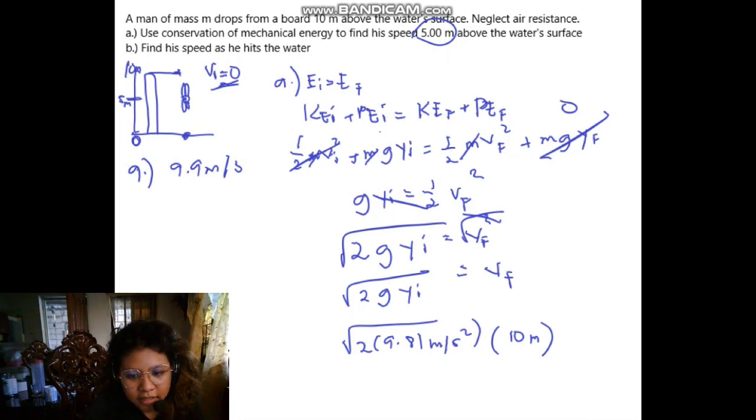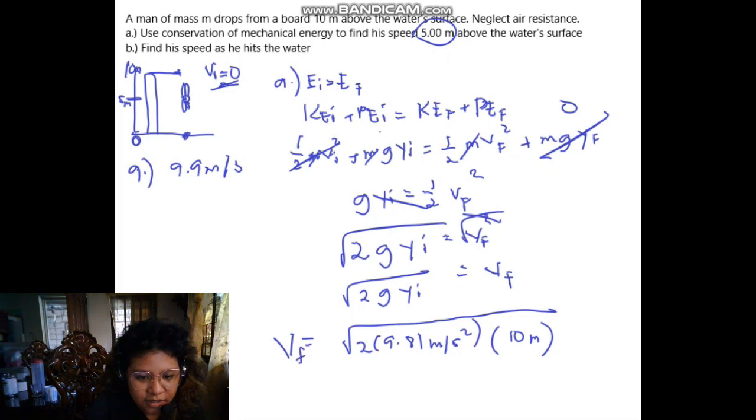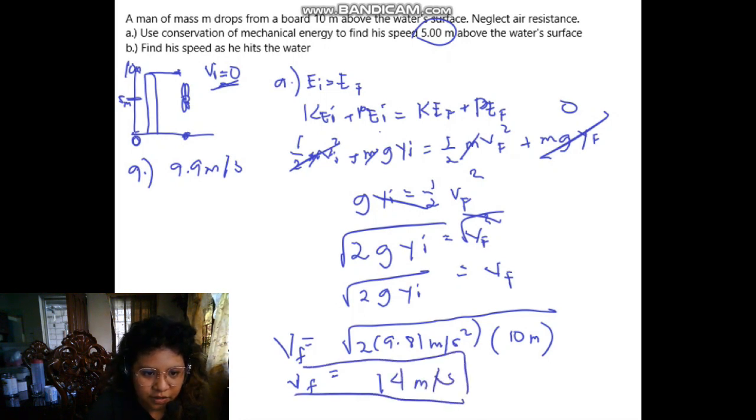Once we compute all that, the answer is 14 meters per second. The answer for letter B is 14 meters per second as he hits the water.